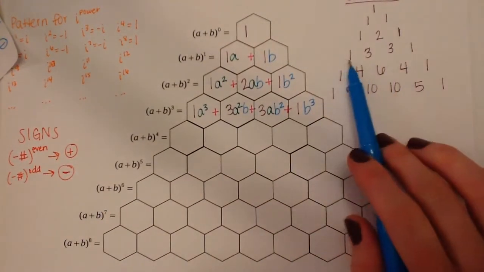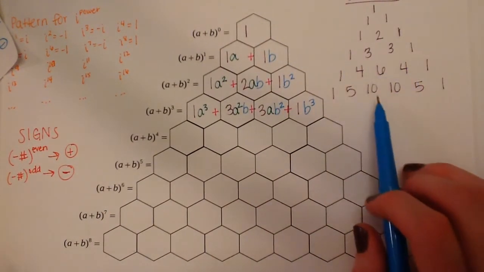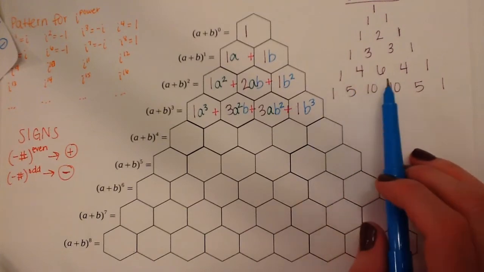So far so good, we followed that one. So now if we do the next row, let's hope we have 1, 4, 6, 4, 1.